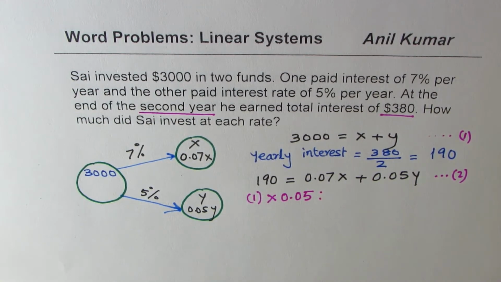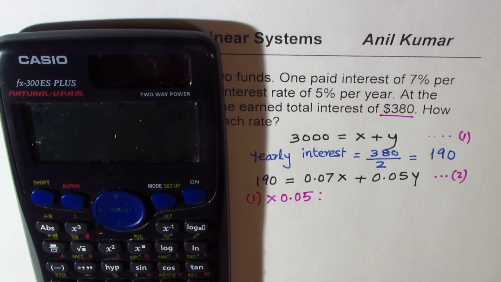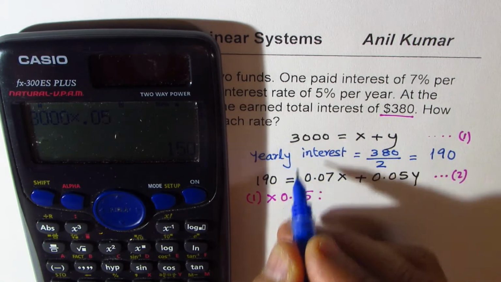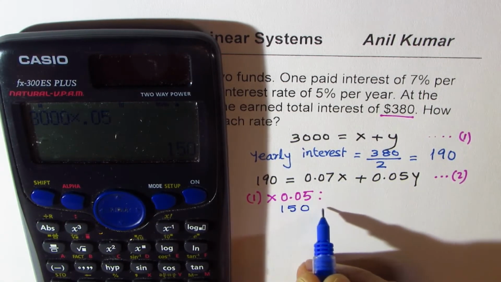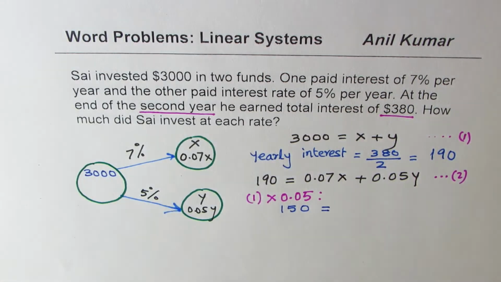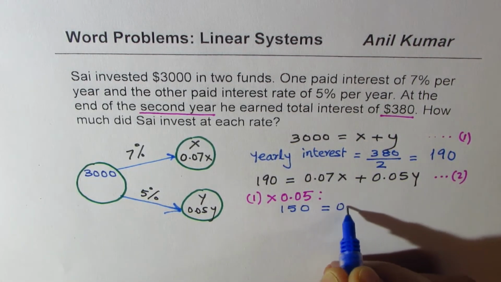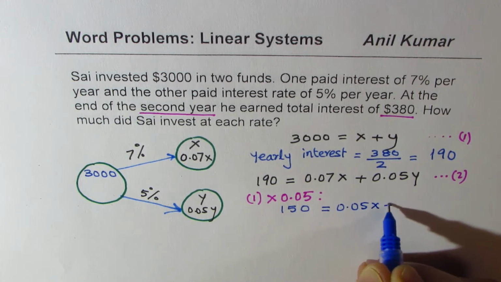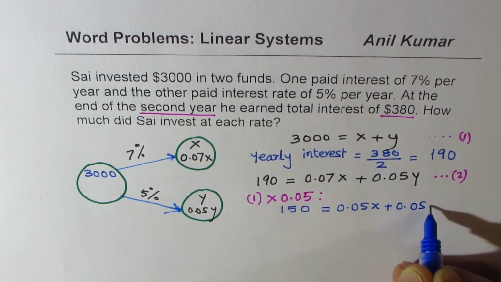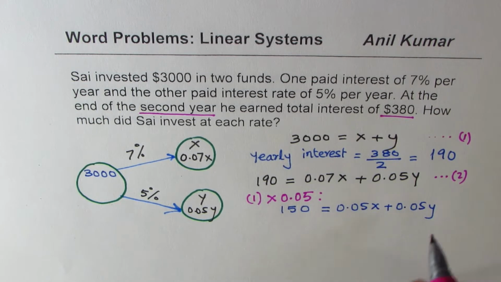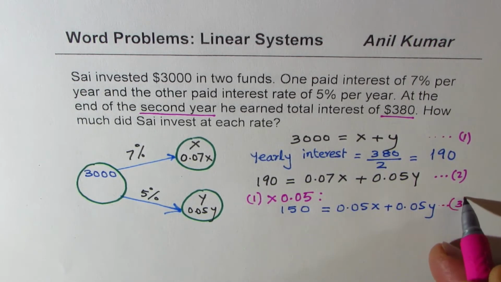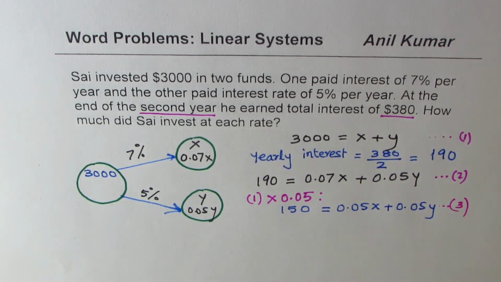You can use the calculator, right? 3000 times 0.05. So it's 150. So from the first equation, you get 150 equals, we are multiplying by 0.05, 0.05X plus 0.05Y. So we get our third equation. There is no need to make these numbers whole numbers. You are using a calculator as such, so decimals are okay.